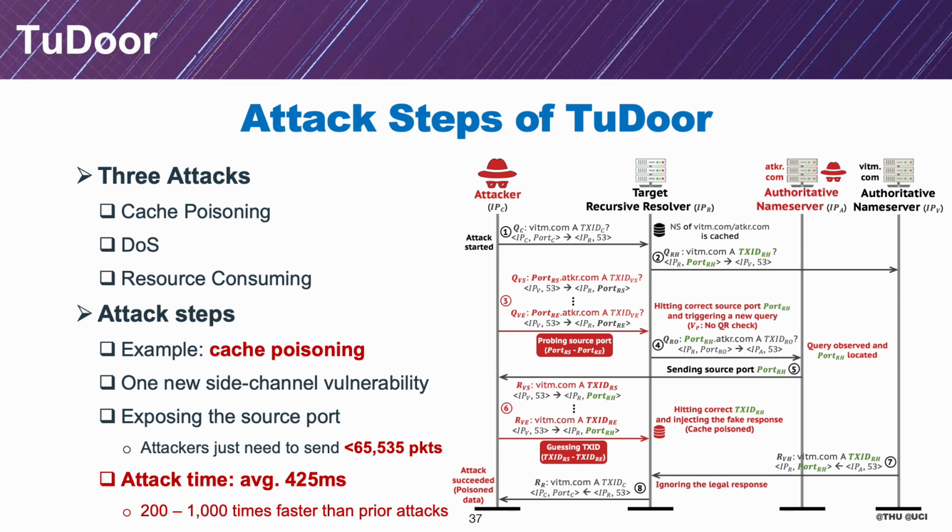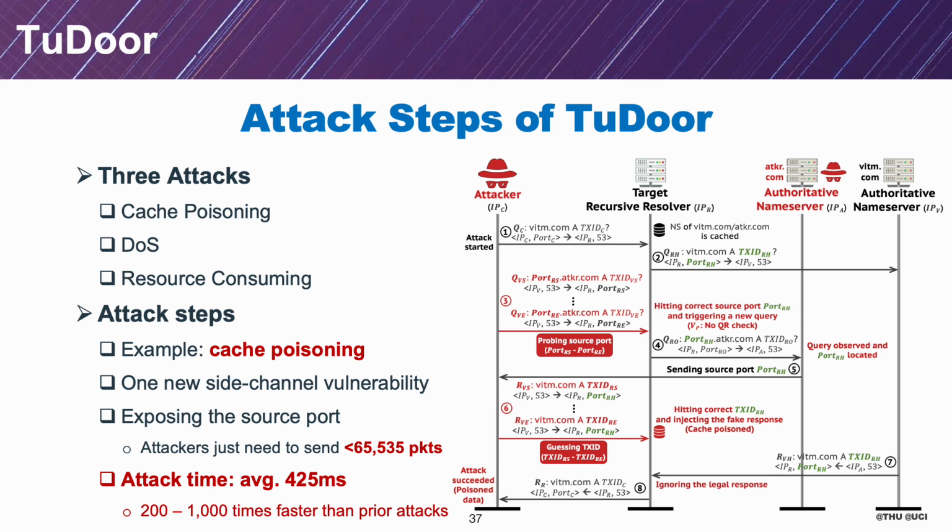The vulnerability here is that when the target resolver sends out a query with an ephemeral port, then the target resolver should only accept the responses on this port. However, for the vulnerable resolver, when the attacker sends a query packet to these potential ports, if the packet hits the correct port, the target resolver will accept this query and send the query to the corresponding authoritative name server.